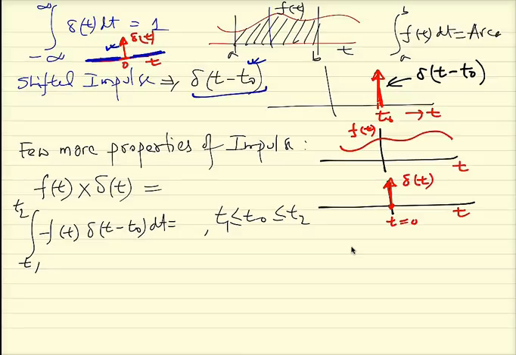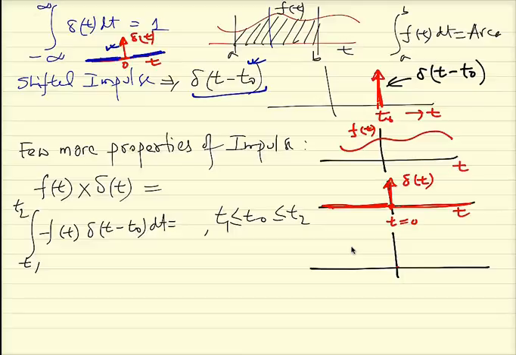The value of delta t is 0 everywhere, so if you multiply all those zeros with f of t, it will be 0. Let me draw the outcome here. You should get another impulse at t equal to 0, because everywhere else it is 0.